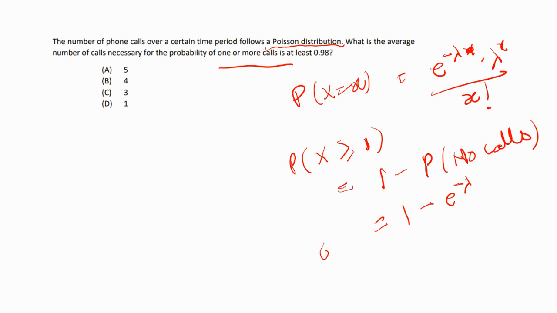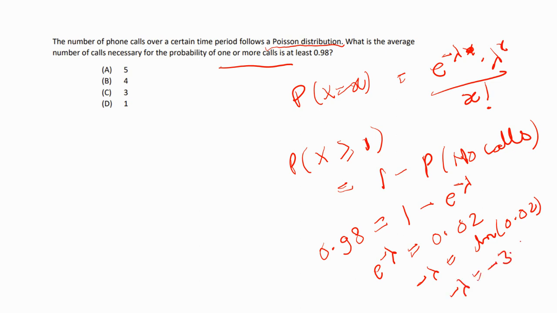Its probability given here is 0.98. So it will be 0.02 is equal to e to the power minus lambda, and then minus lambda will be ln of 0.02, which is approximately minus 3.91.